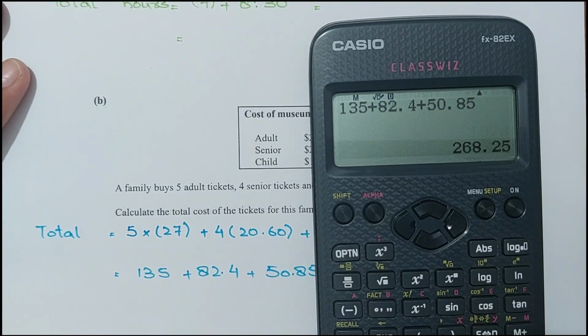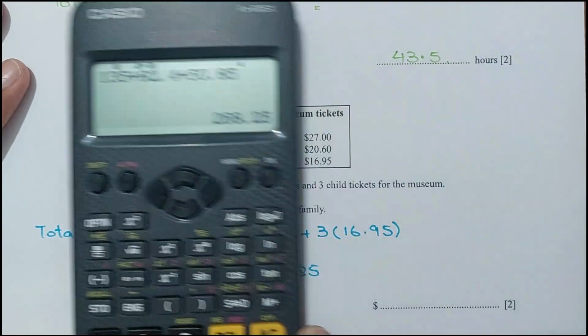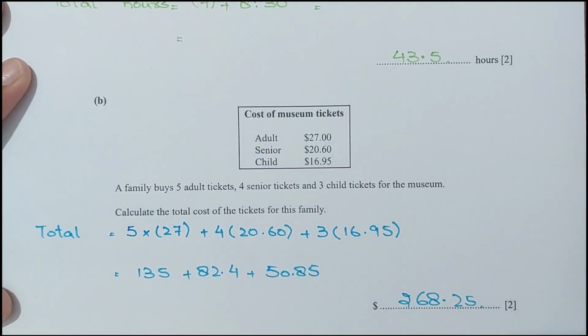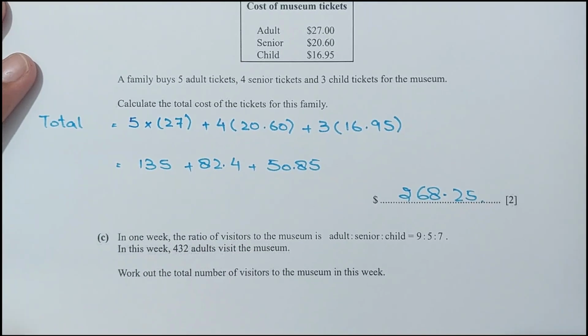Yes. So the total is $268.25. This is the total cost that the family has to pay for the tickets.